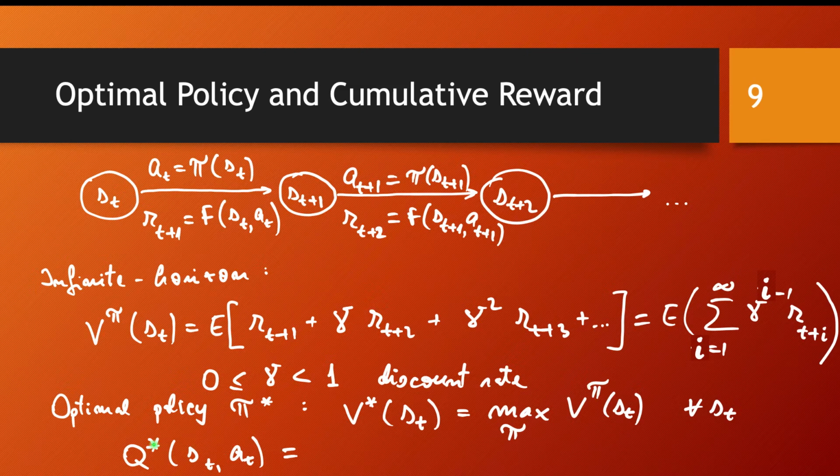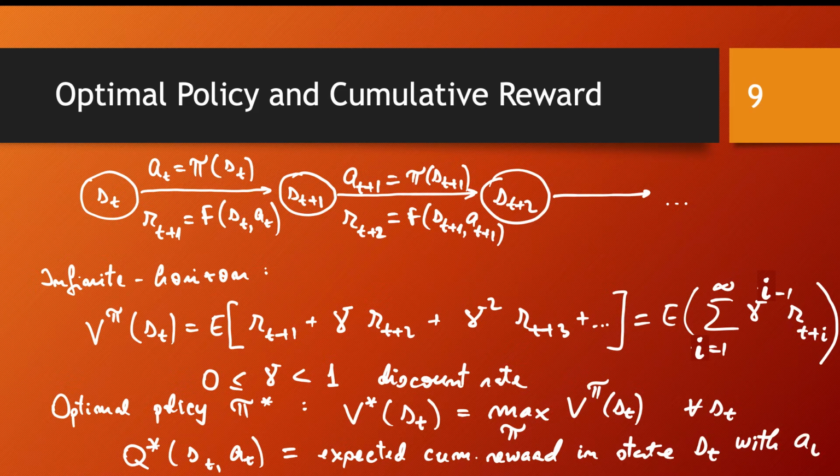So this Q star, ST and AT only specifies the initial state and the first action we take, and then after that we just follow the optimal policy. So I'm going to write this here. So expected cumulative reward in state ST with action AT plus optimal policy.